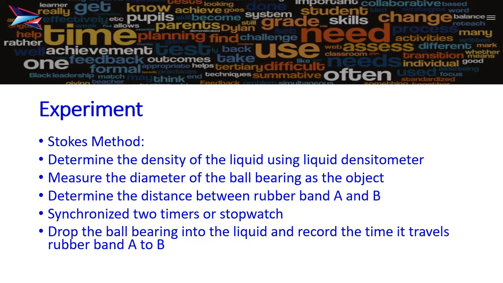It's better if you use a screw micrometer gauge or vernier caliper to determine this diameter. I just want to remind you that in this case, we are going to measure the diameter of your ball bearing. You are not going to measure the radius, okay?